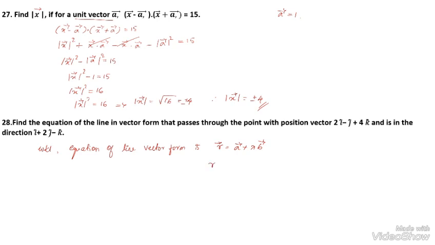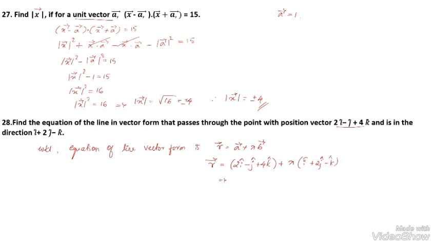So I can substitute the values here. What is the vector a? That is 2i minus j plus 4k. So I take here 2i minus j plus 4k plus lambda into vector b, i cap plus 2j cap minus k cap.